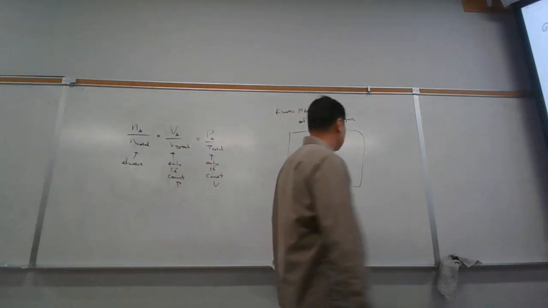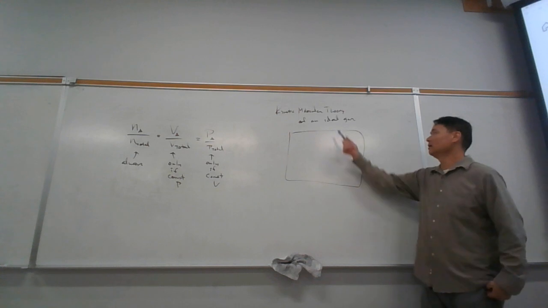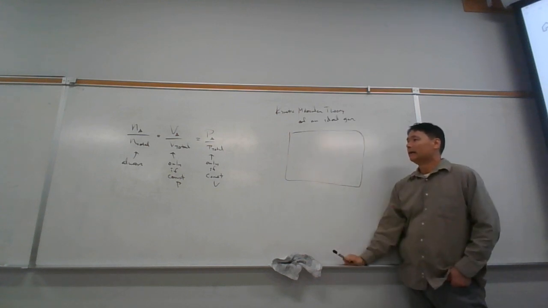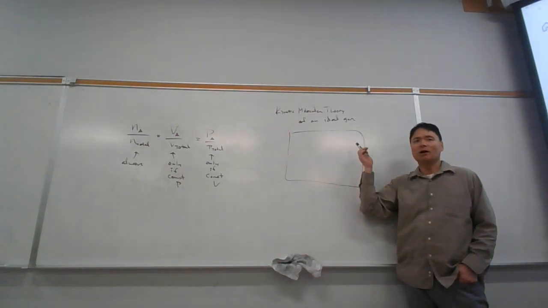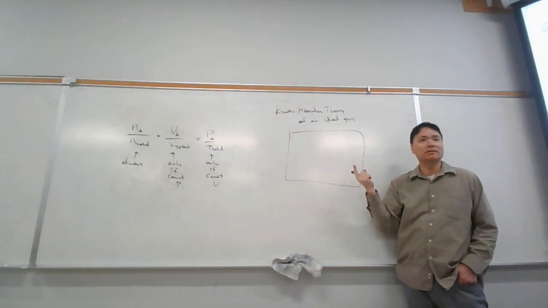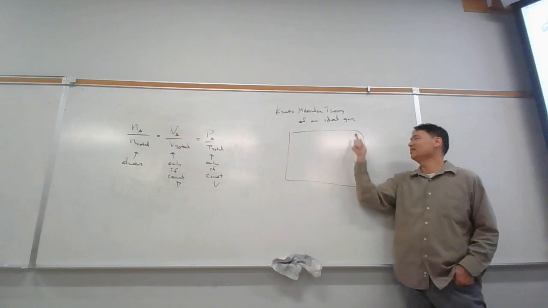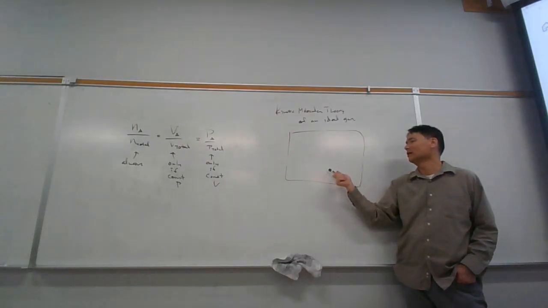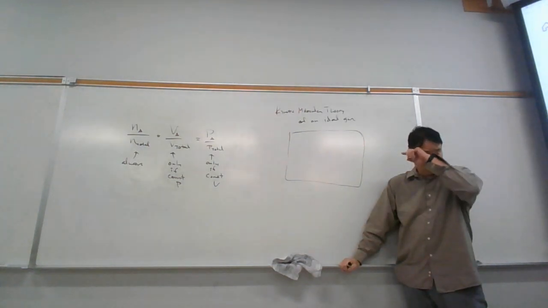But what we see, when we represent the molecular theory, there's no rotations because all the gas particles are the same, and there's no vibrations because there's no bonds. In an ideal gas, you just have little points, and these are the particles. And the particles are just little spheres or little dots.